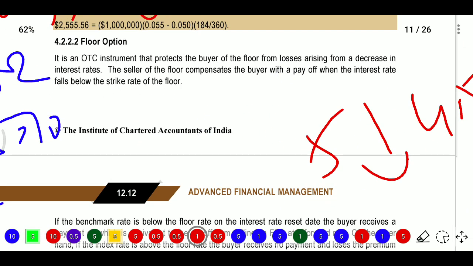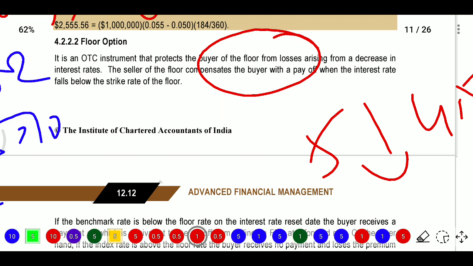Here it is an OTC instrument that protects the buyer of the floor from losses arising from decreasing interest rates. So when will they go for the cap option? When we are expecting interest rates to go up, but here interest rates are going down, so they will go with the floor option. Here the seller of the floor compensates the buyer with a payoff when interest rates fall.